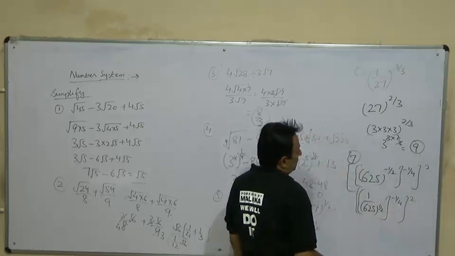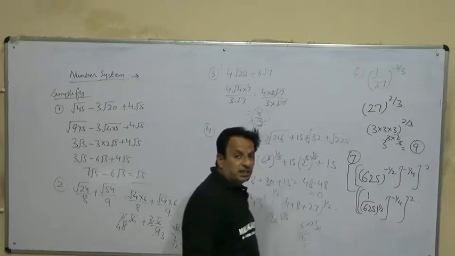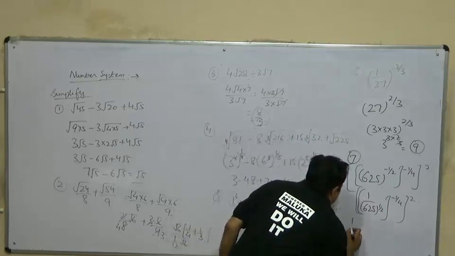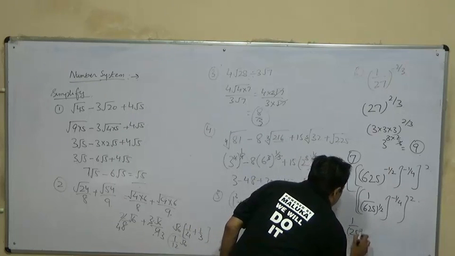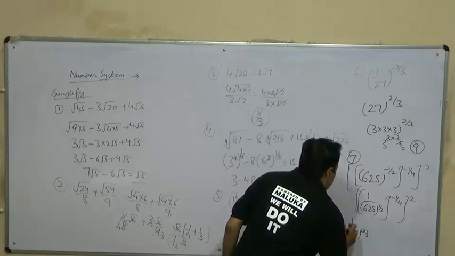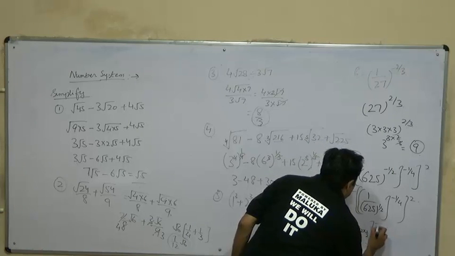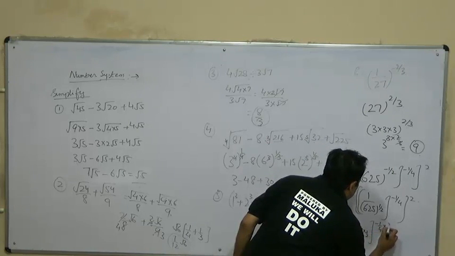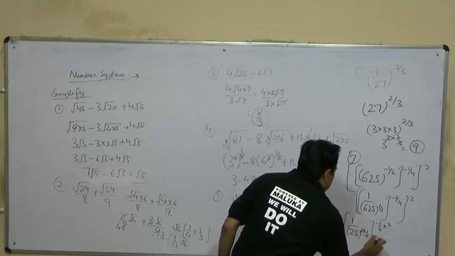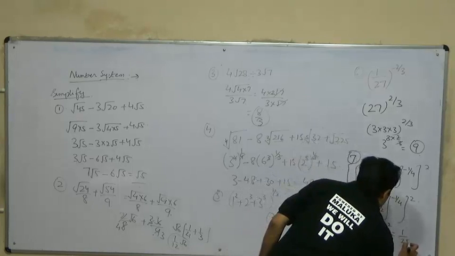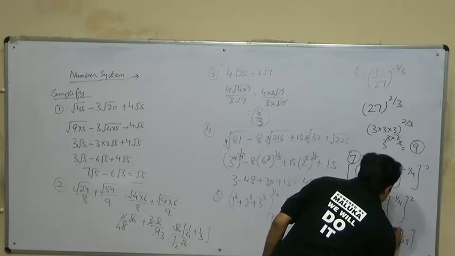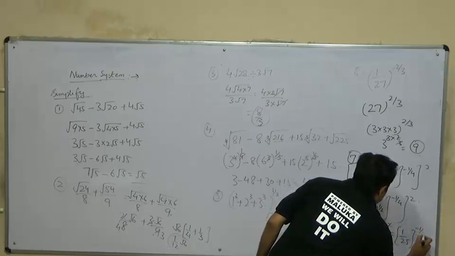So what is 625? This is 25 square. So we can write it as 1 by 25 square raised to power 1 by 2, then minus 1 by 4 into 2. So this cancels out. So this is 1 by 25 raised to power minus 1 by 2.